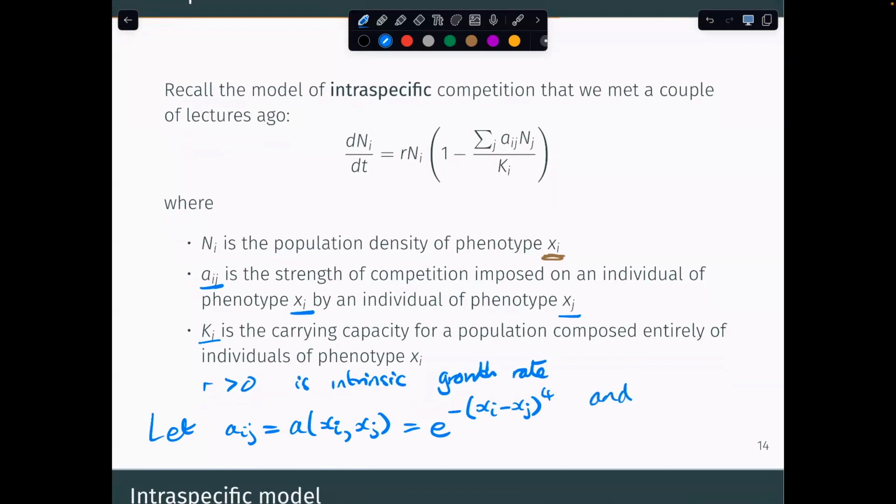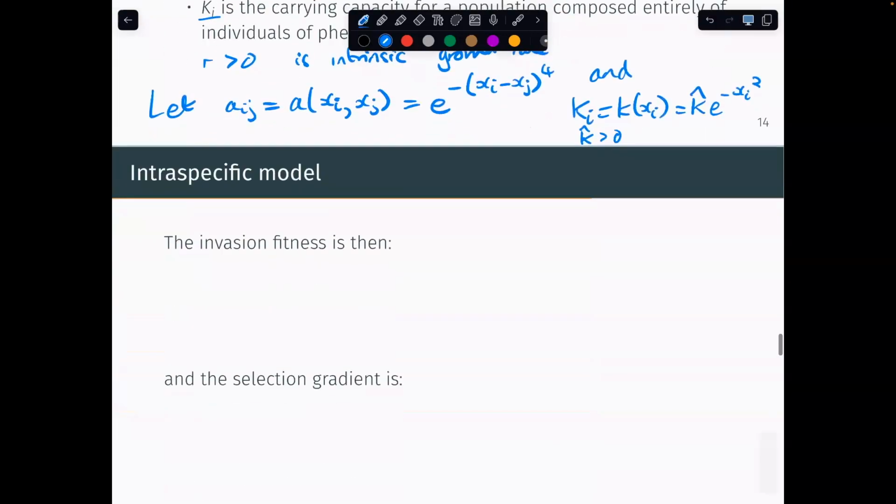And the carrying capacity function, Ki, which is just K of xi, is some positive constant K hat times e to the minus xi squared. K hat here doesn't matter at all. You can non-dimensionalize the population sizes according to their carrying capacities and express everything in terms of proportion of a carrying capacity. Okay, so that's our basic model.